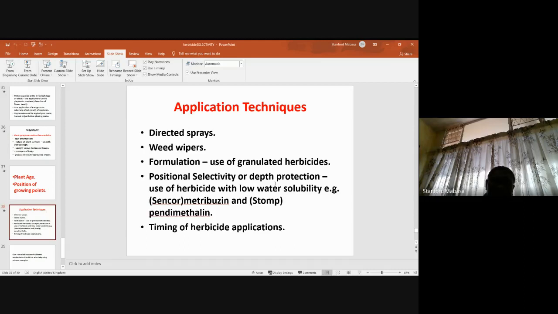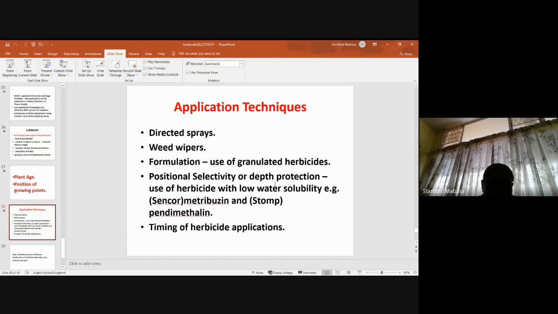These herbicides simply sit within the 1 centimeter to 2 centimeter zone, where we have weed seeds. And because of the differences in depth of where the plant is coming from and where the seeds are coming from, we can impart herbicide selectivity.